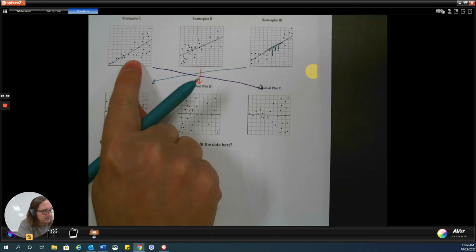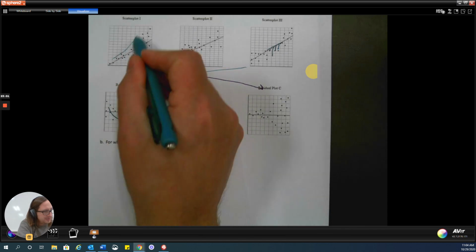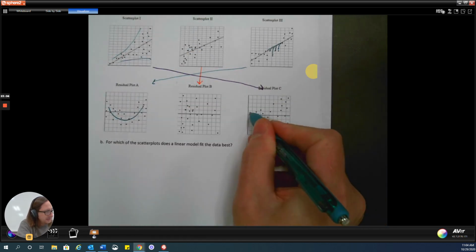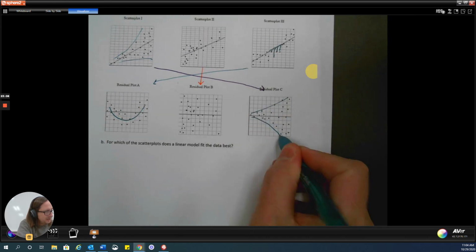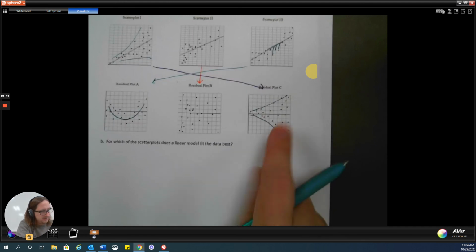Now this one over here, there's a bit of a pattern to this data. It looks pretty close, but then it just spreads out all of a sudden. That's a pattern. So we see this pattern happening here. That means a linear model is not a good fit.